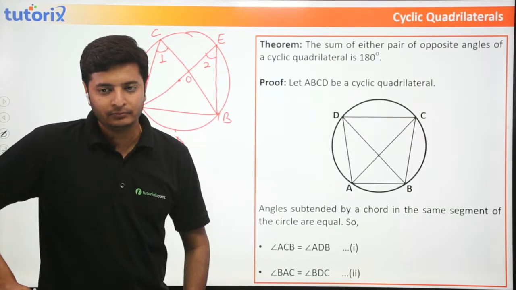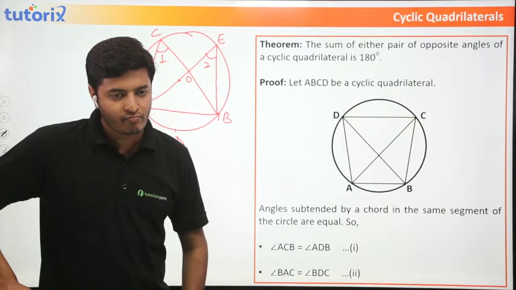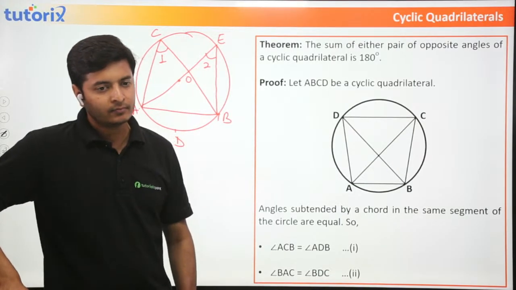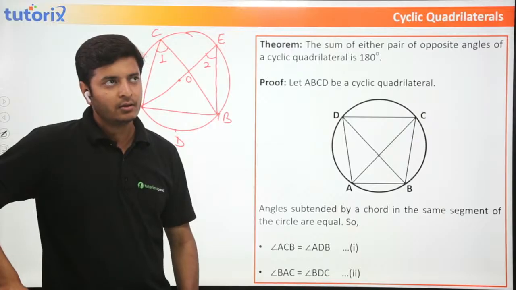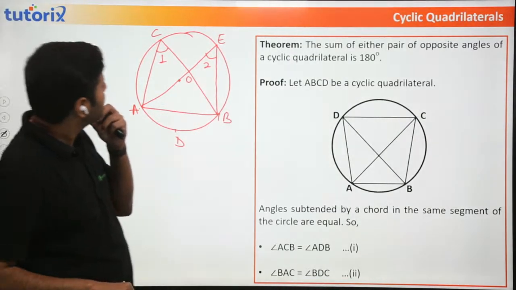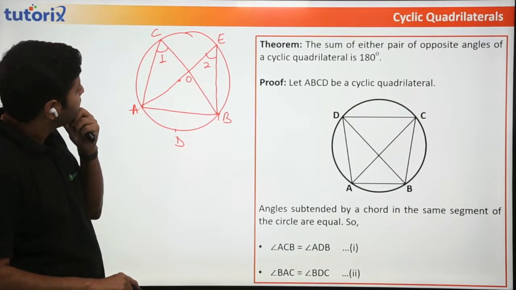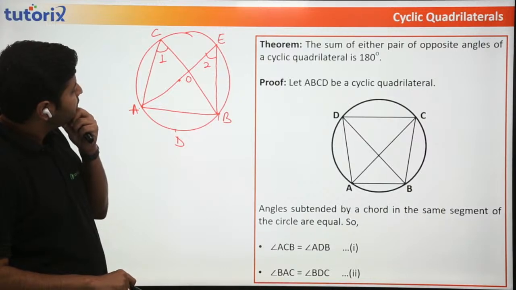Since AB is a straight line, the angle is 180 degrees, and angle 1 and angle 2 are each equal to half of 180 degrees, which is 90 degrees.